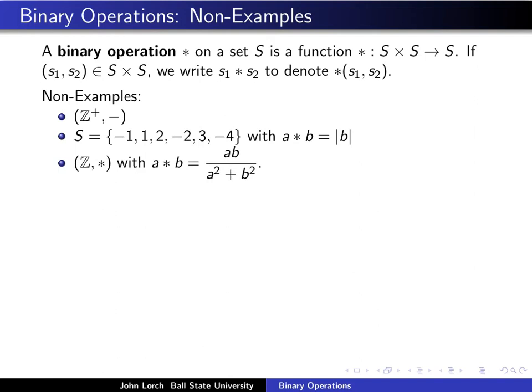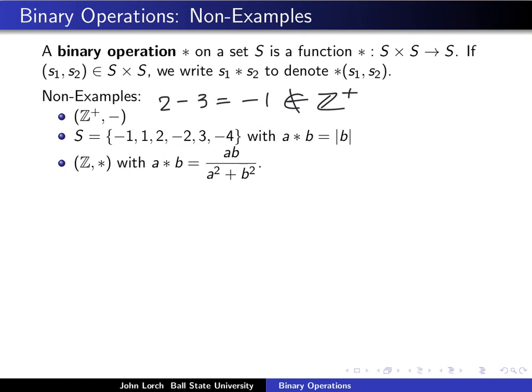So a prime example here would be the positive integers under subtraction, right? So many times it's true that if you take two positive integers and subtract them, you get a third positive integer, but it doesn't always happen like that, as you know, right? I mean, you can take 2 minus 3 and get minus 1, and minus 1 is not an element of the positive integers, right? So this operation is not binary.